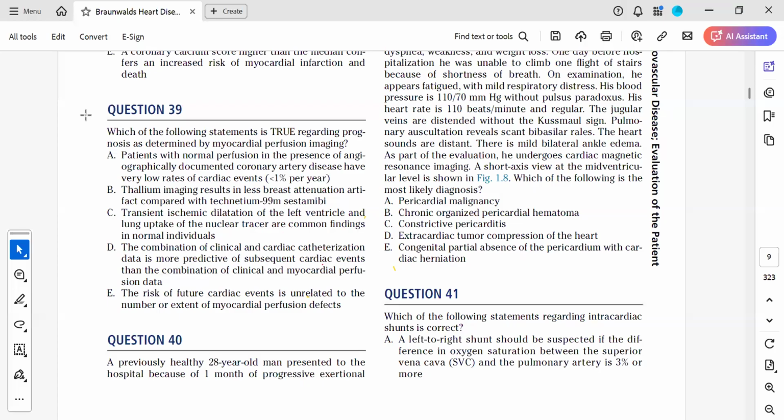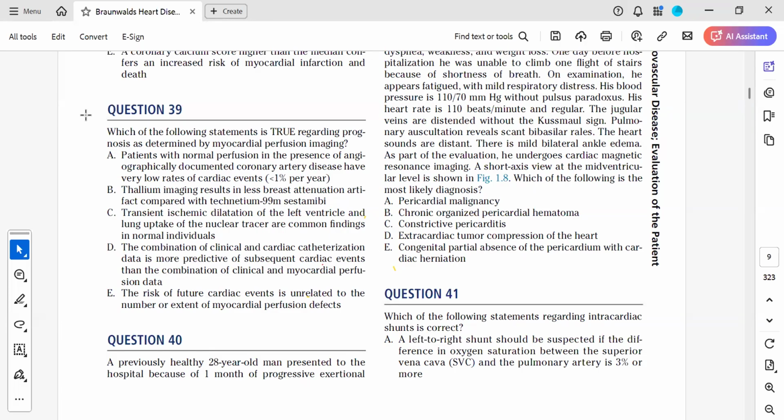If it is more than 8%, that should be the figure for that, because a left to right shunt means that there's a flow from the left heart to the right heart, and meaning that you have oxygenated blood mixing with deoxygenated blood, and then what is in the pulmonary artery would be 8% more than the oxygen concentration in the superior vena cava. So that makes option A false.